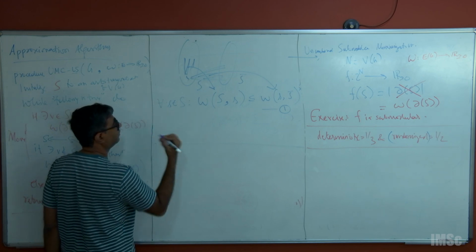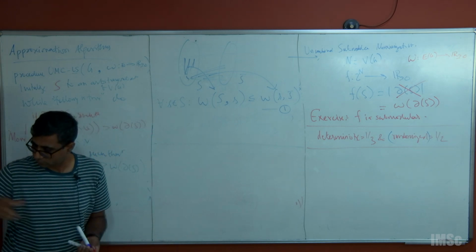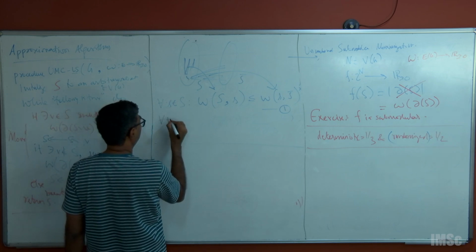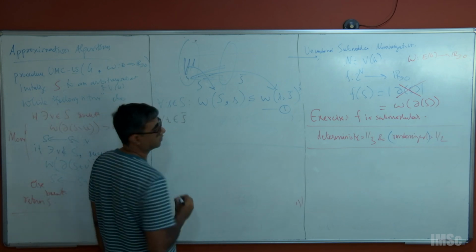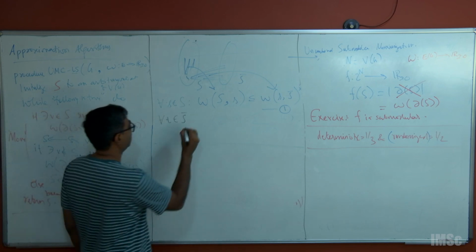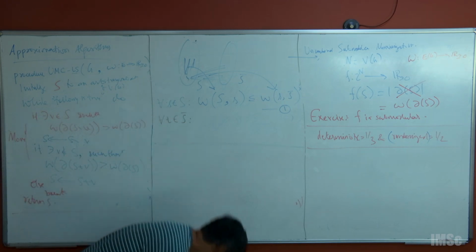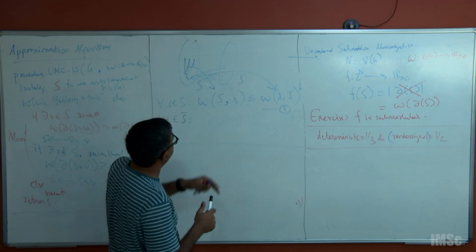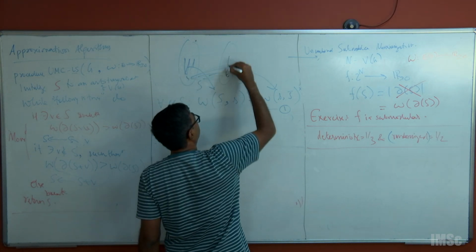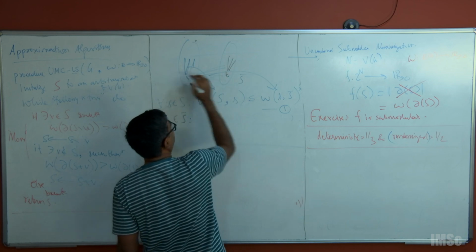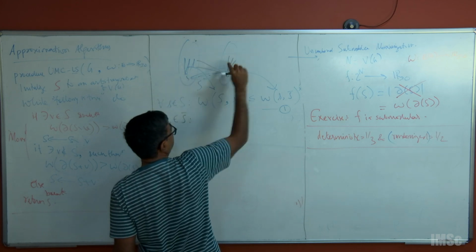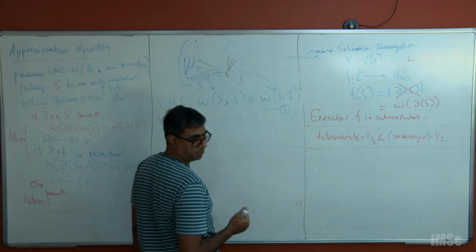What is the other thing that we get from here? The other thing is, what can we say for all t in S bar? Why am I not able to move this to here? Because when I move here, this set of edges will go inside and this set of edges will become my new cut edges.